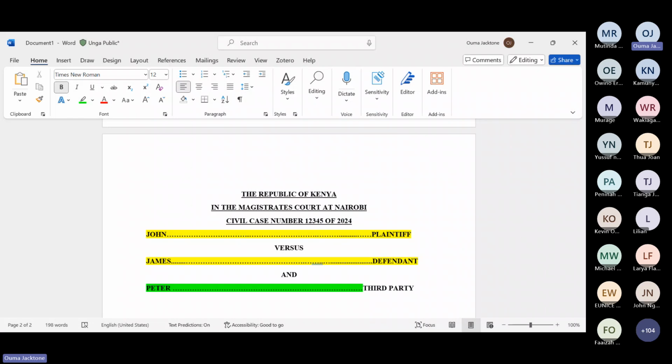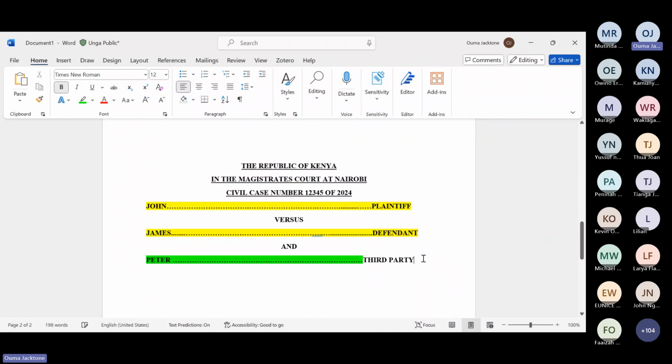Okay, so your third party notice will be looking like this, and then you're going to have here, "To" who? The address of this person here, the address of the person in green. So Peter's address.